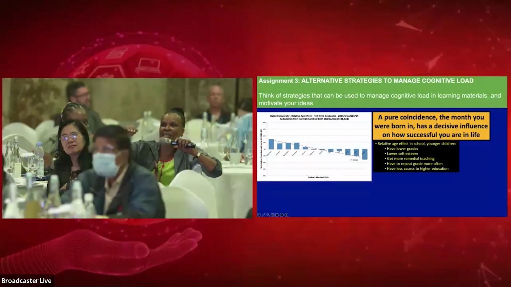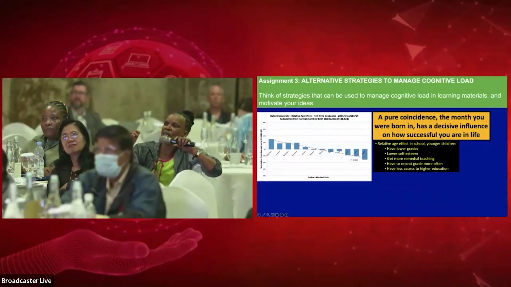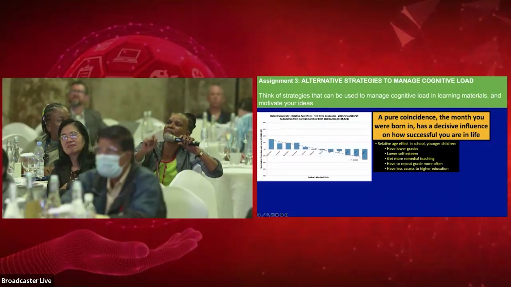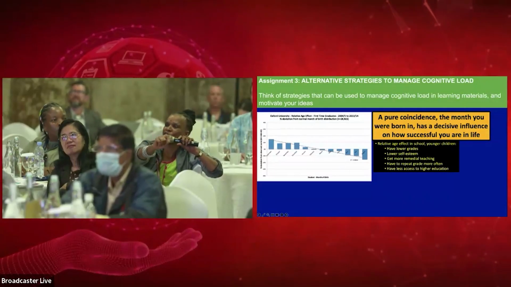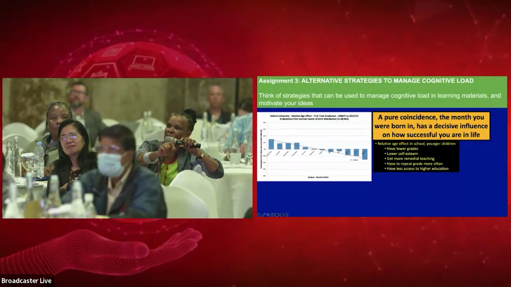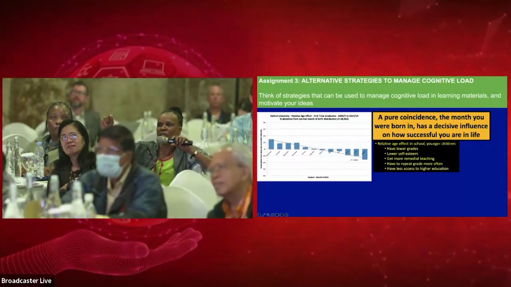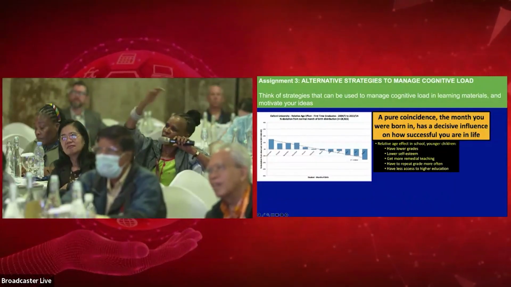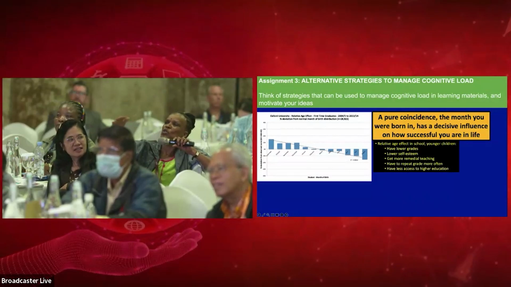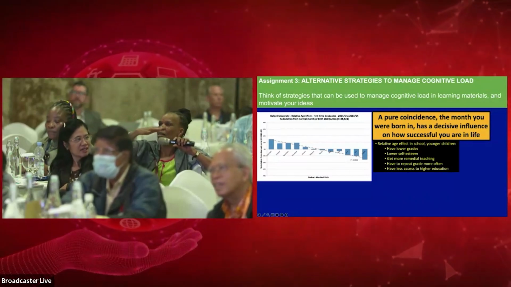So we can't say they are less successful simply because they were not able to hold the pen the same way as those who were born in January. By the end of the school year, they would have caught up and things level out.